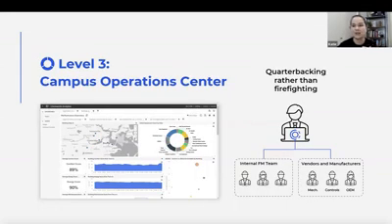So once you understand how your FDD program can supplement your preventive maintenance program, you are in the sweet spot of quarterbacking rather than firefighting. So instead of dropping everything, not getting anything done, you are in a more planned, routine, proactive, preventive mode where, yeah, I know I'm not going to PM all my VAV boxes quarterly, but instead I'm going to choose to do FDD on those VAV boxes.